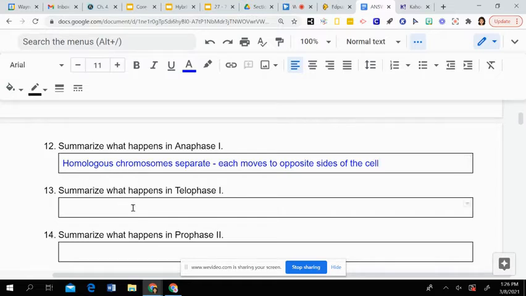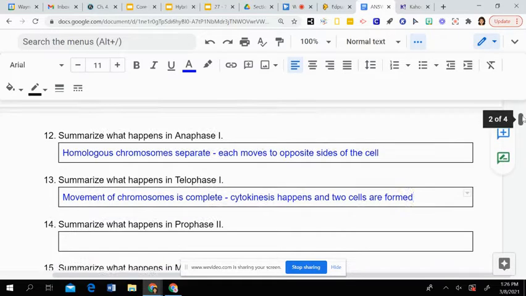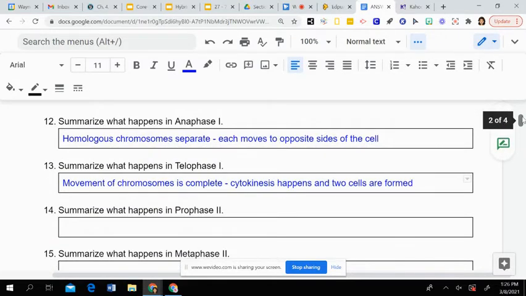They're pulled by the spindle fibers. Then telophase 1, the movement of chromosomes is complete. Cytokinesis happens, and 2 cells are formed. So we have 2 cells at the end of telophase 1, and that's cytokinesis.